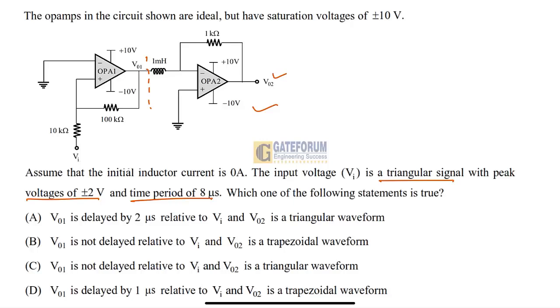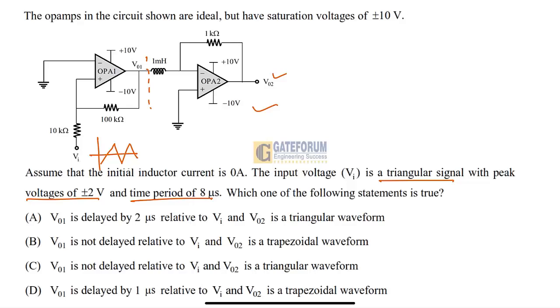As per the options, the first part of the question asks whether the input given here, a triangular waveform, produces a square wave that is delayed or not. If it is delayed, we check option A, whether it is delayed by 2 microseconds or by 1 microsecond. That will give you the answer for this one.